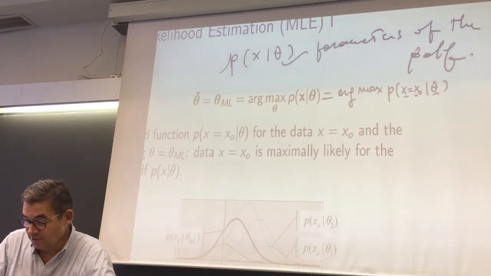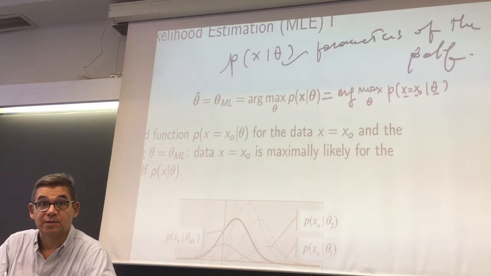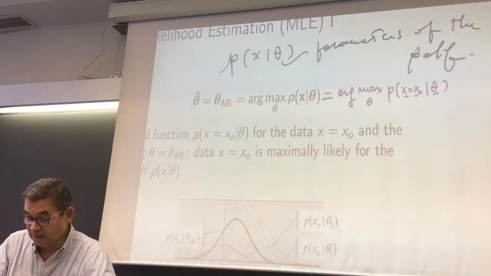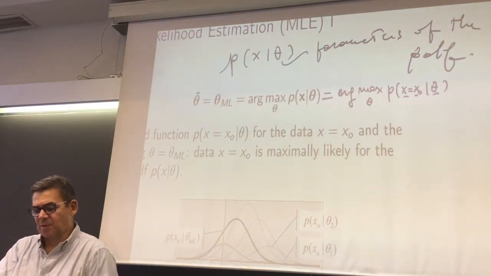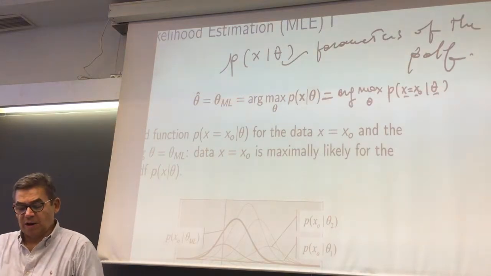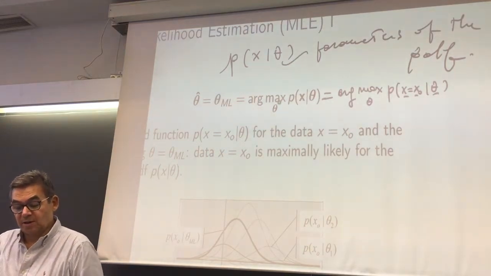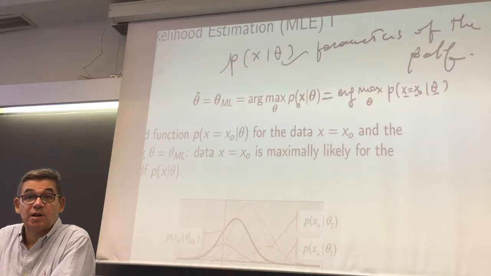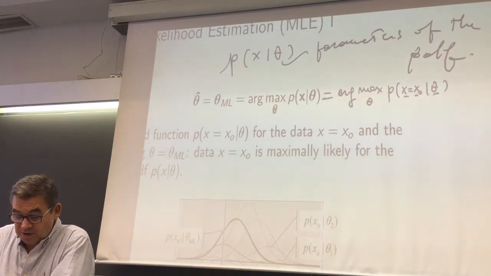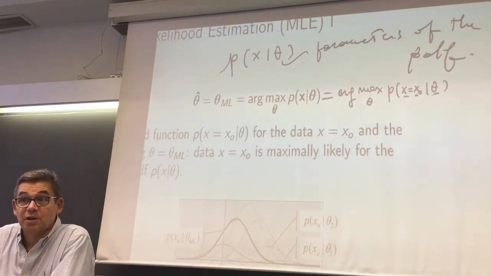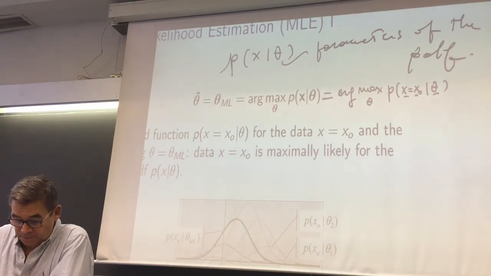Then my maximization is with respect to theta. When I write it this way, it is the argument that maximizes this function, and the maximization is carried out with respect to theta. Okay, what is the subscript here?